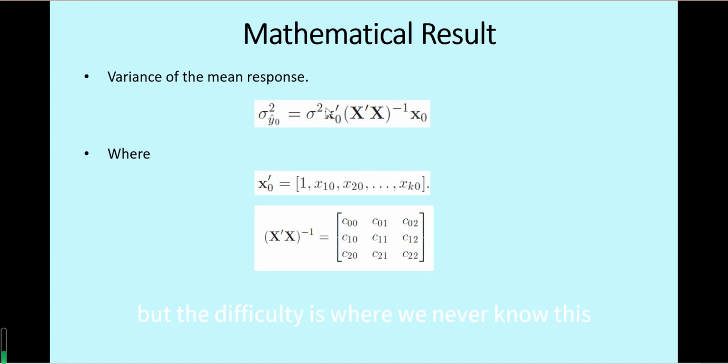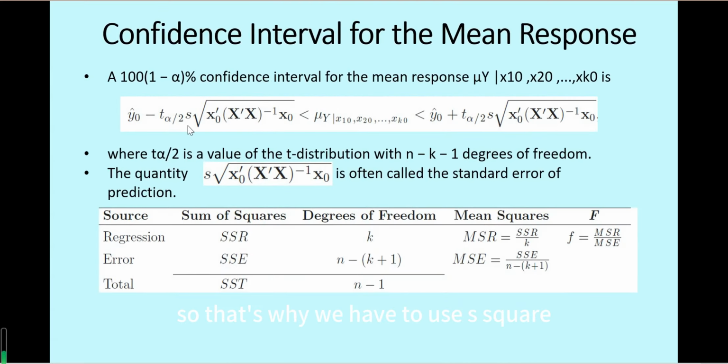But the difficulty is that we never know this one, because this is the theoretical sigma square. We never know this. So that's why we have to use s square. S is the square root of s square, which is the estimation of sigma square.